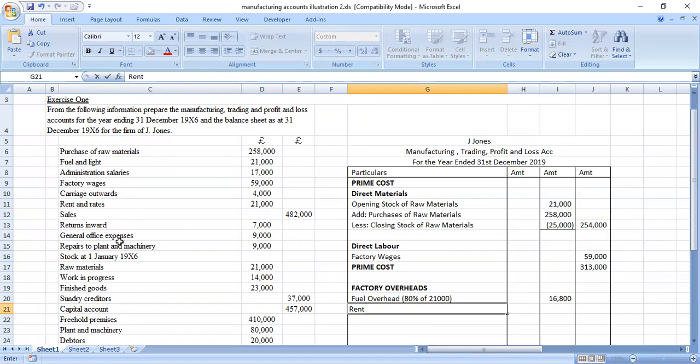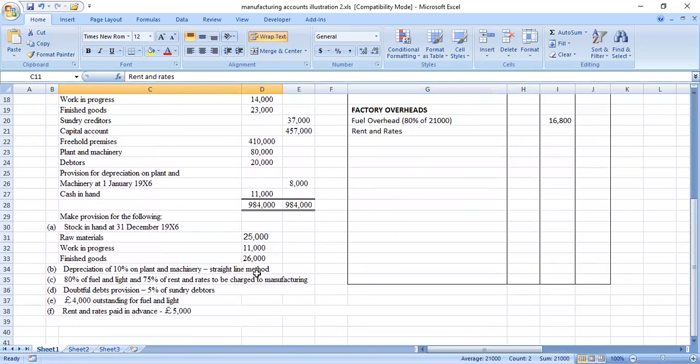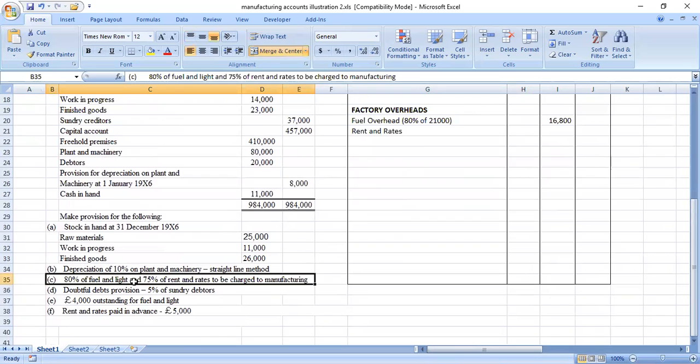So rent and rates. And we have additional information for rent and rates: 75% of rent and rates is to be charged to manufacturing.